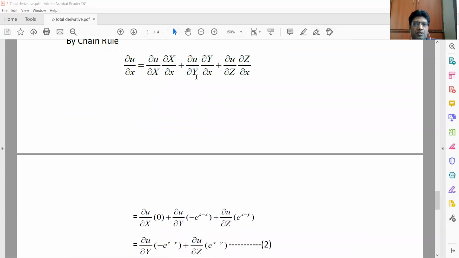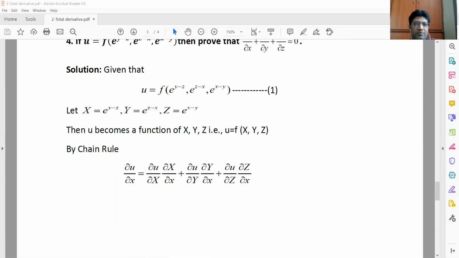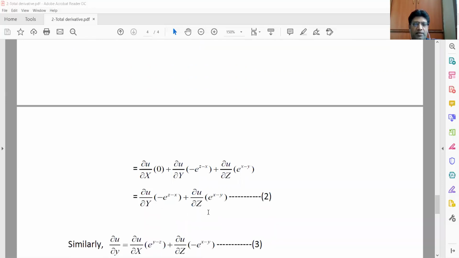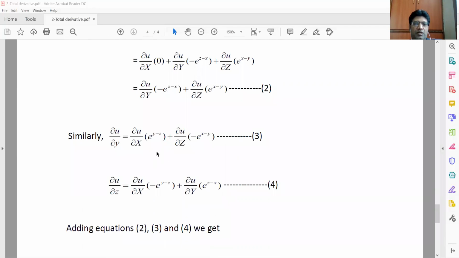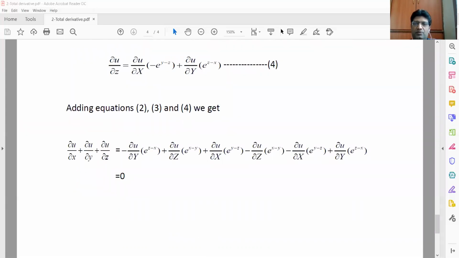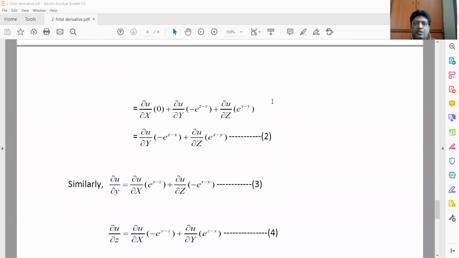Similarly, ∂u/∂Y as it is, times ∂Y/∂x. So ∂Y/∂x is e^(z−x) times minus 1, for z−x it is 0 minus 1. Similarly, ∂u/∂Z times e^(x−y). So if you simplify, you will get this one. Similarly, you can calculate ∂u/∂y and ∂u/∂z. So if you add all these three, after cancellation you will see it is 0. So this is very simple.